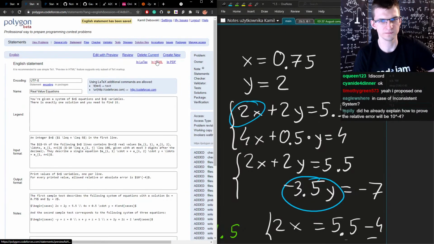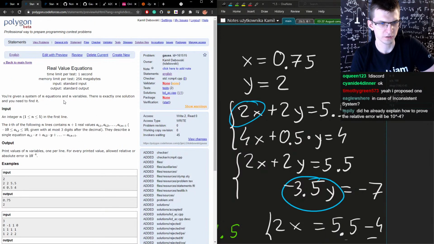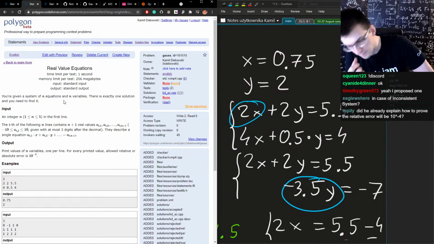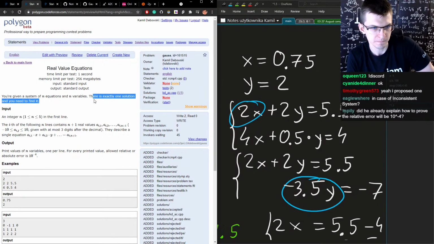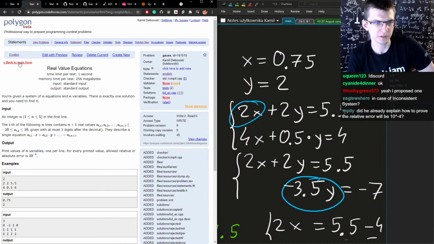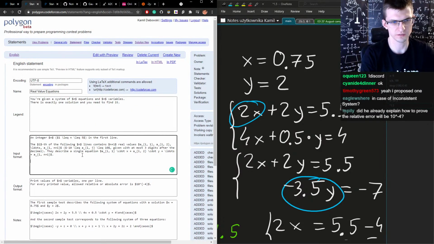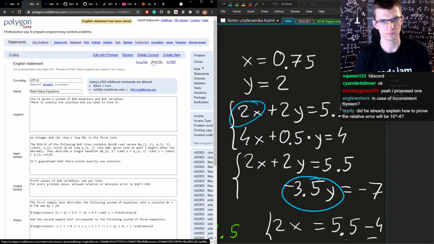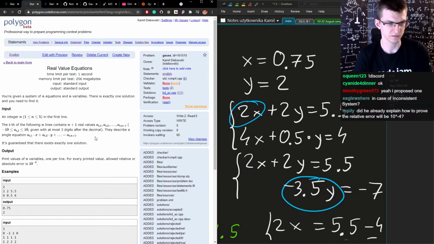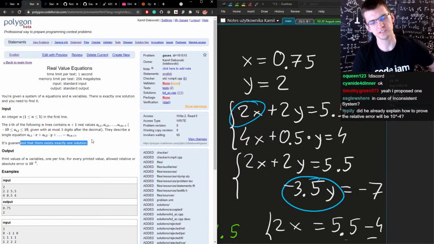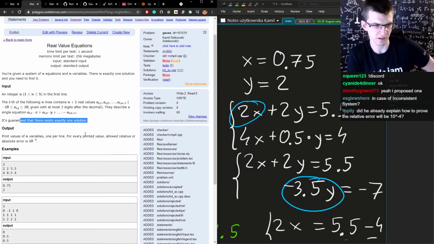Maybe this is more natural. Should I use it's guaranteed? Maybe I will repeat it in the input section. Or in the output section. It's kind of short for this given system of equations has exactly one solution.